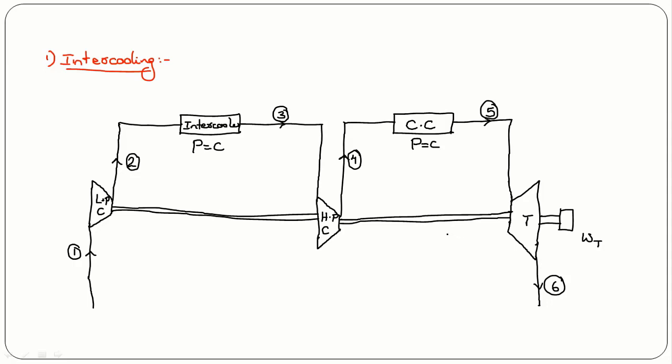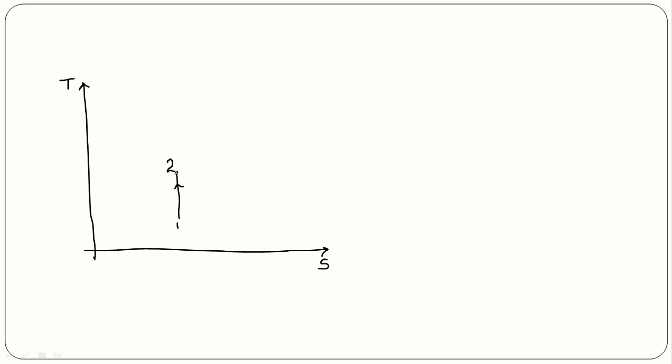Now if I draw the TS diagram for this particular case, process 1 to 2 is isentropic compression, let us assume. Then 2 to 3 is constant pressure heat rejection, so it comes down like this.